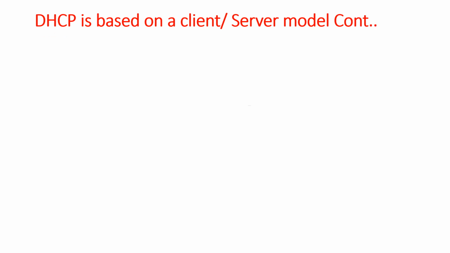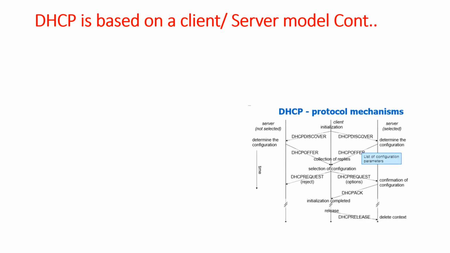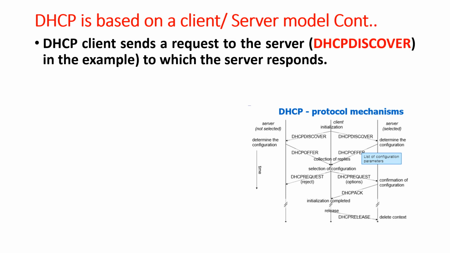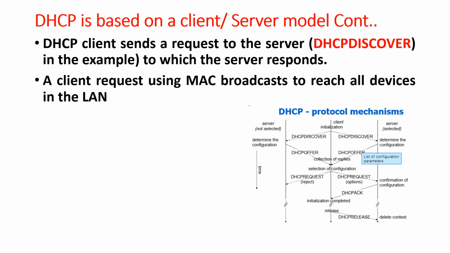Consider this diagram. Here, the DHCP client sends a request to the server using DHCP Discover in this example, to which the server responds. A client request uses MAC broadcast to reach all devices in the LAN.